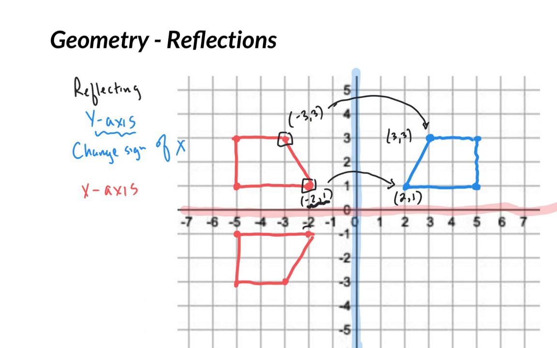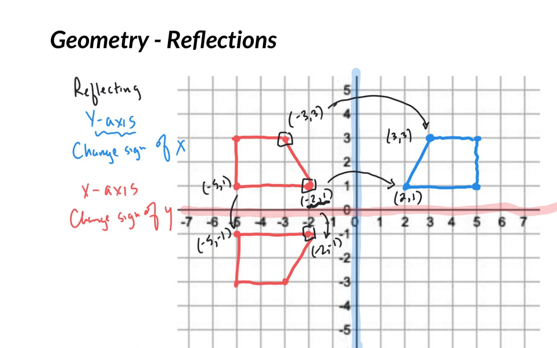Well, now it's -2, -1. Right? This point was -5, 1. Now it's -5, -1. So to reflect across the x-axis, we change the sign of the y-coordinate.